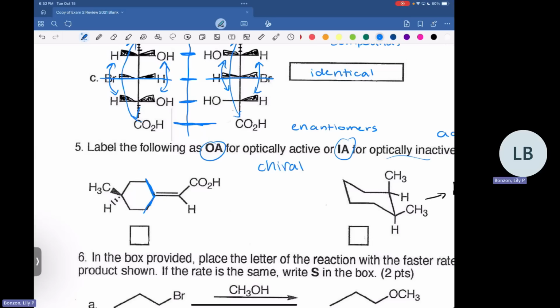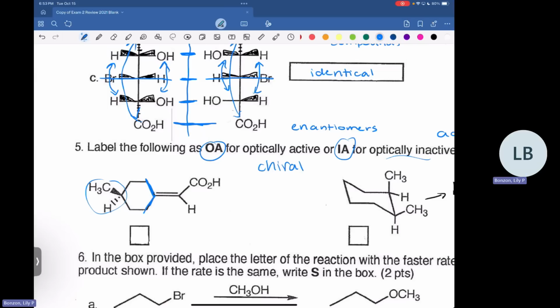For this one, we have CH3 and H, and we have the wedges and dashes. Off of that cyclohexane, if you think about the substituents coming out of the page and going into the page, the CH3 would be coming towards us and the hydrogen would be going into the page.